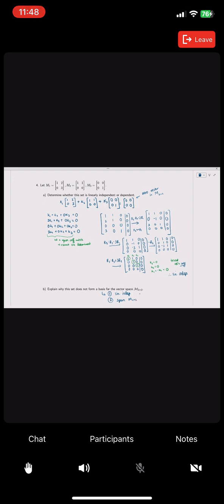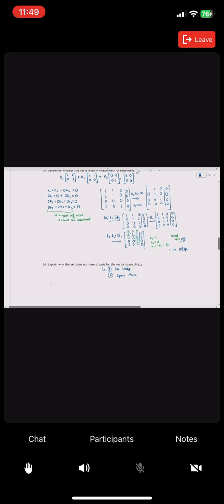Now, do we have enough to span 2 by 2? How many do we need to span 2 by 2 matrices? 4, yes. So we need 4 linearly independent matrices to span M 2 by 2.